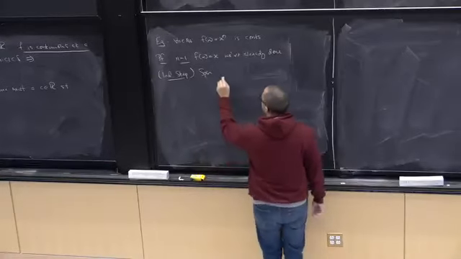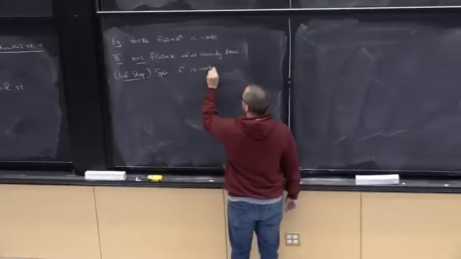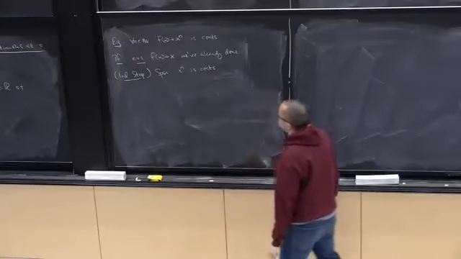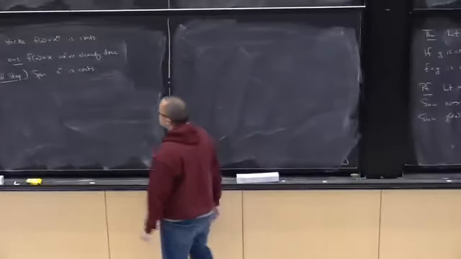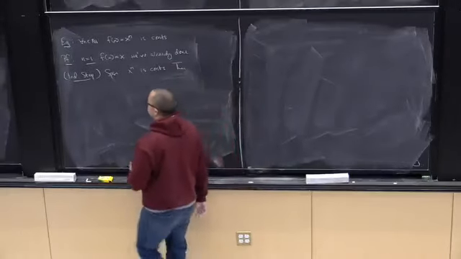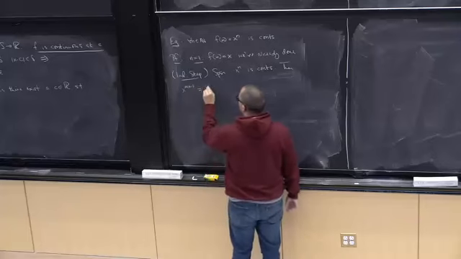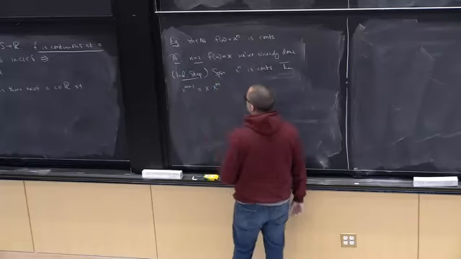Suppose that the function x to the m is continuous, and now we want to show x to the m plus 1 is continuous. Then x to the m plus 1 is equal to x times x to the m.